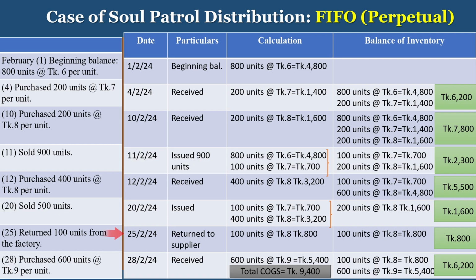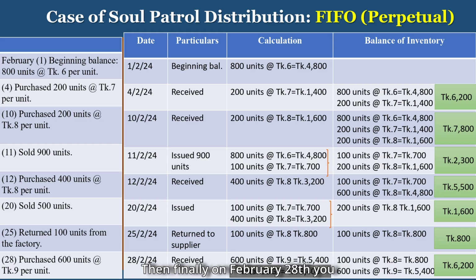Then on 25th February, you have returned 100 units from the factory to the supplier. So your inventory has been reduced. So the value of this return should be 100 units at taka 8, that means total 800. So at the end of 25th February, you have only 100 units, and the value of ending inventory should be 100 units at taka 8, that means total 800 taka.